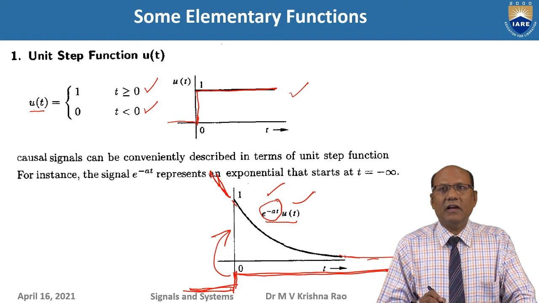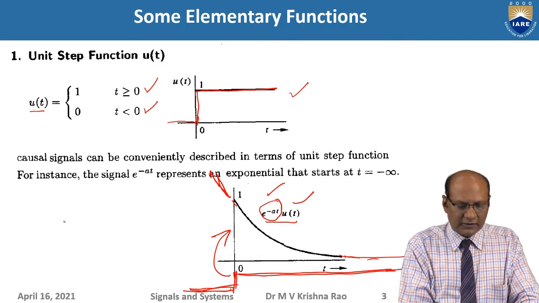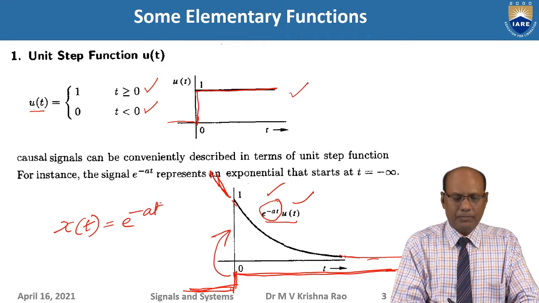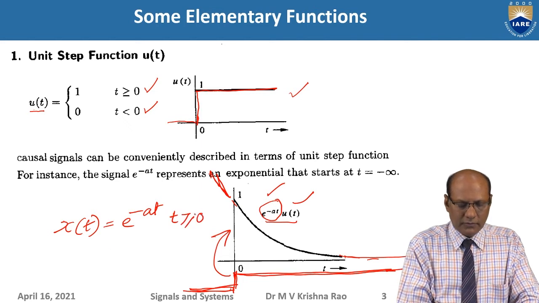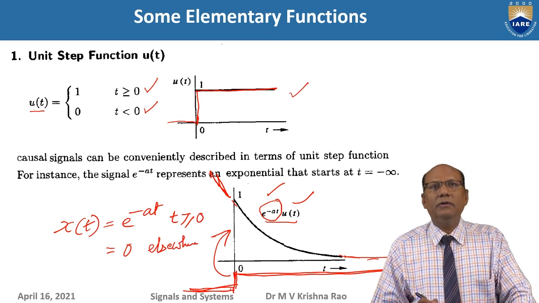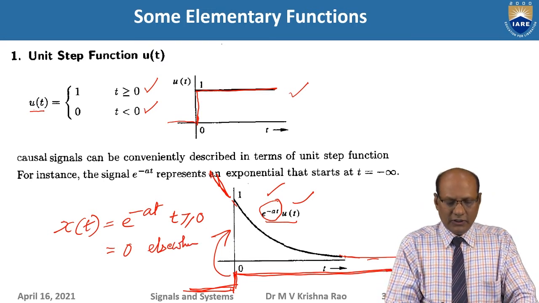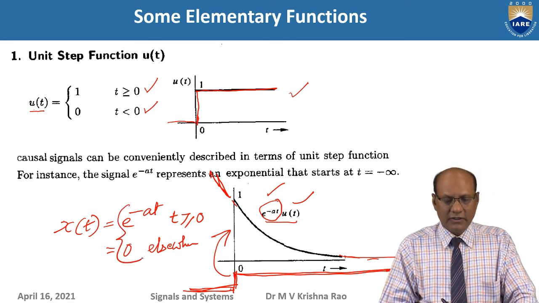So what is the other way of telling this? I can also write it like this. Let us say x of t equals e to the power of minus at for t greater than or equal to 0, and 0 elsewhere. Elsewhere means t less than 0. So one way of expressing this function is this.